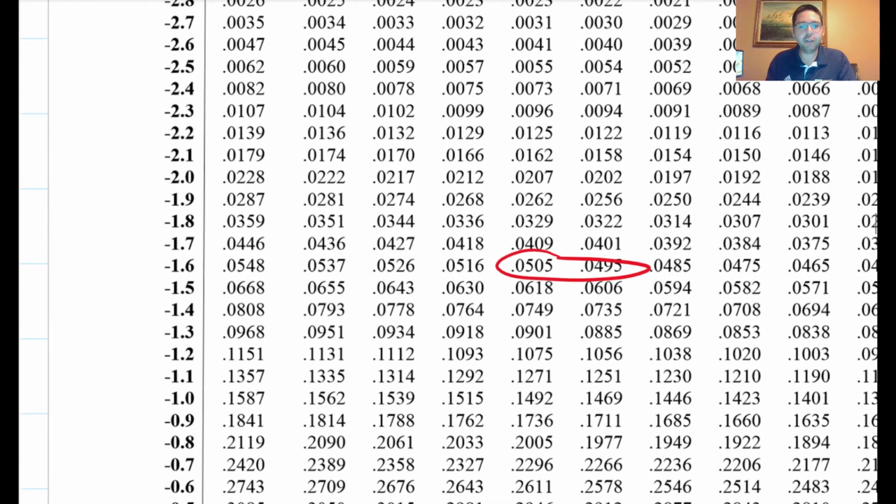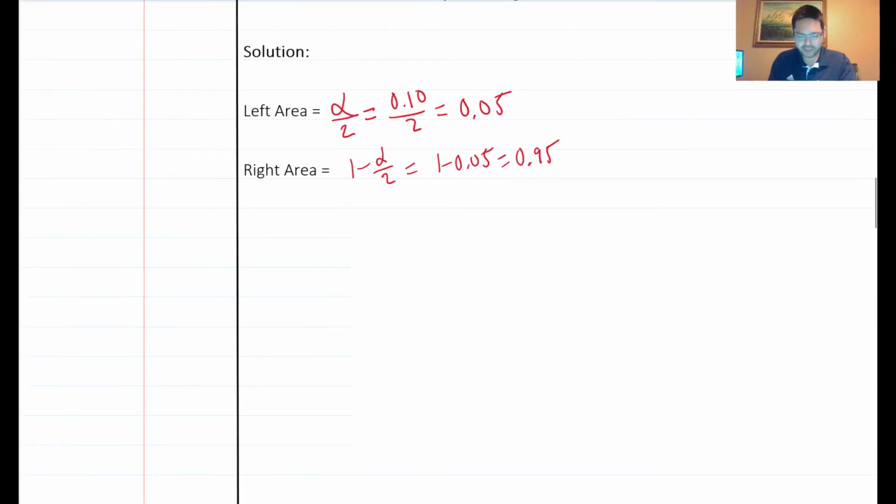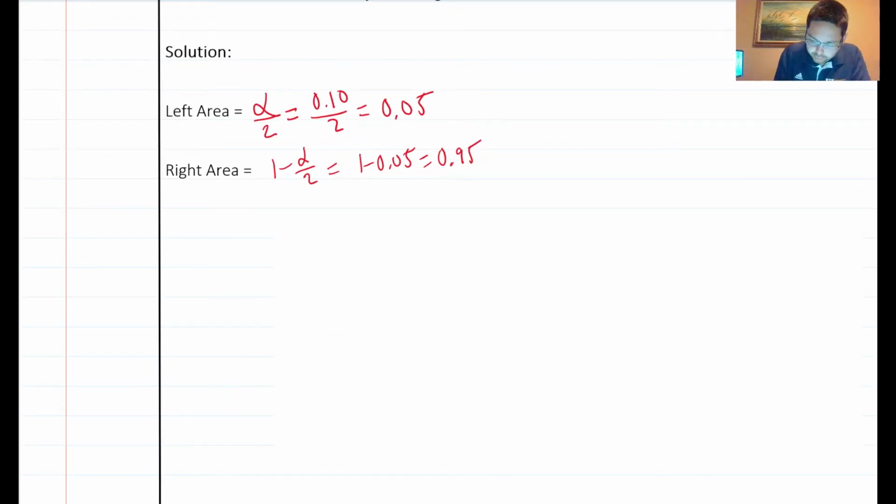So it's going to be either negative 1.64 or negative 1.65, depending on what you choose. Either one of those would be appropriate, okay? I'm just going to choose one. I'm going to say negative 1.64. So we have our z critical, negative 1.64.